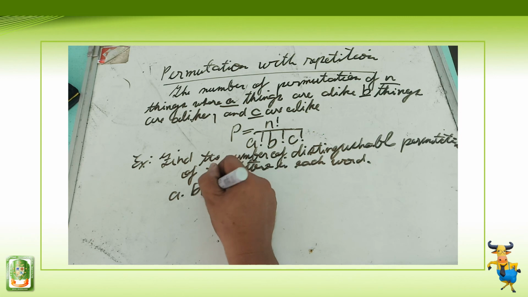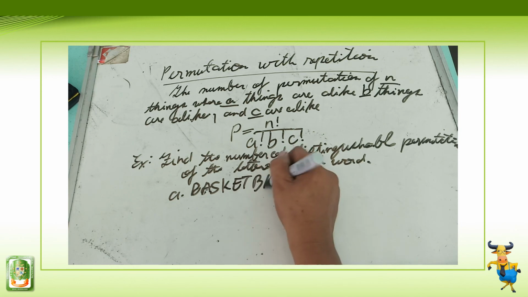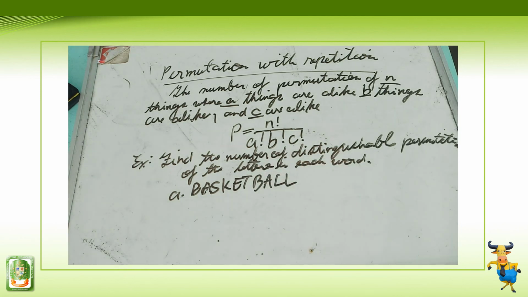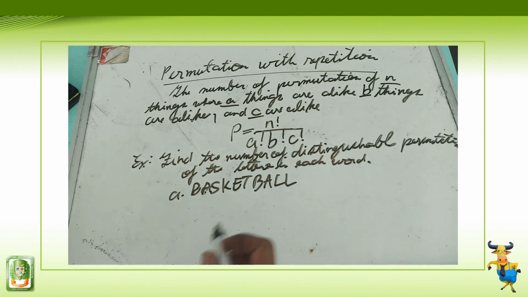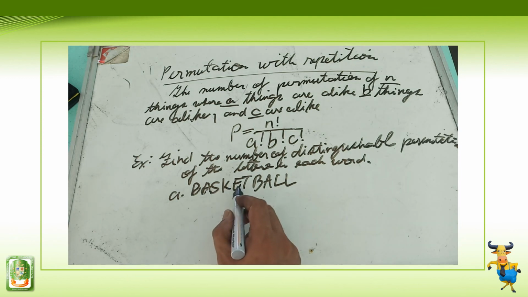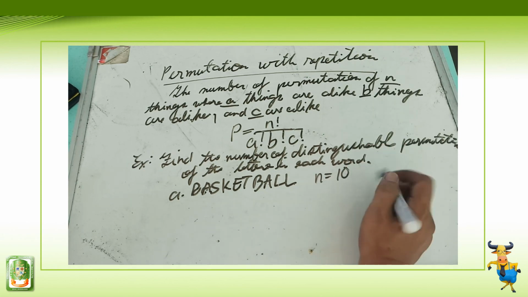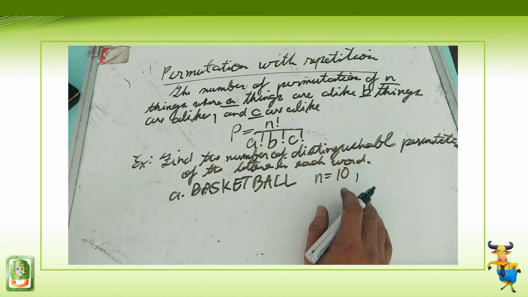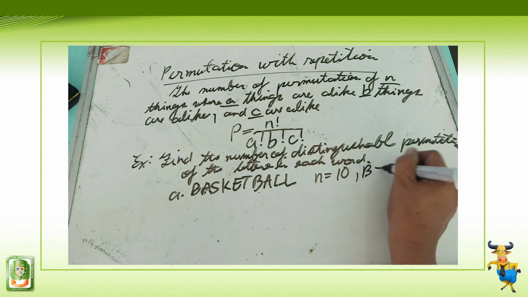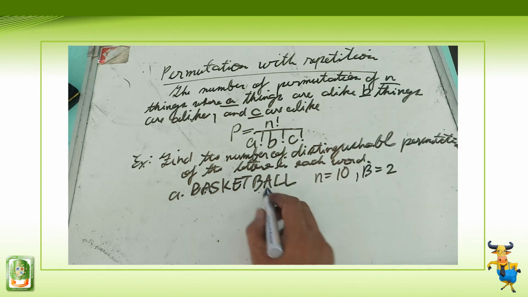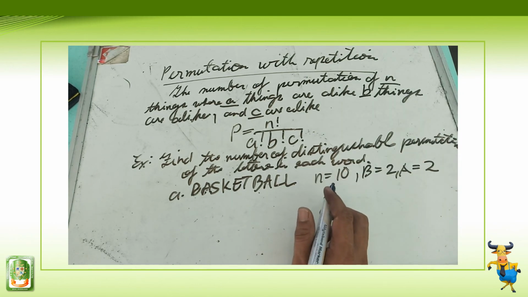Okay, for example, letter A, basketball. Yan, the word basketball. So in this case, there is a total number of how many letters? 1, 2, 3, 4, 5, 6, 7, 8, 9, 10. So n is equal to 10. And how many letter B's? 1, 2. B is equal to 2. Letter A, 1, 2. Letter A is equal to 2.